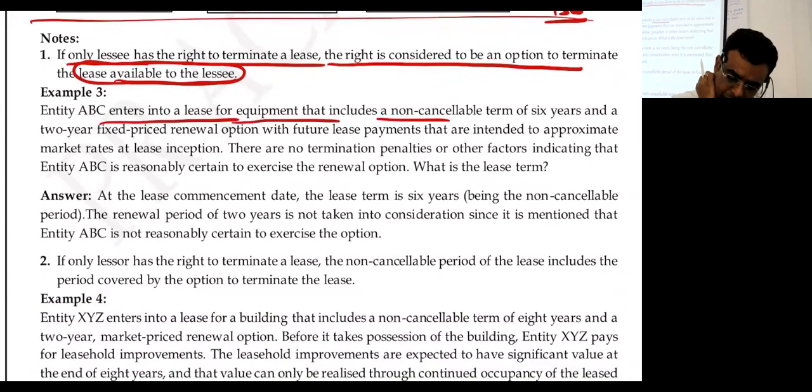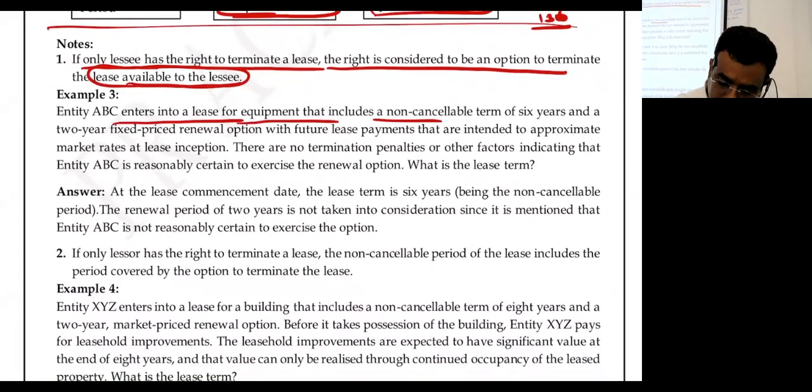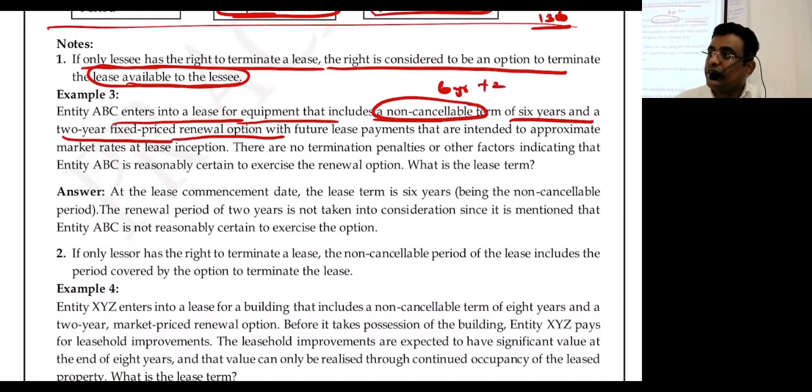எவ்வளவு நாள் தான்? 6 years தான். Non-cancelable எவ்வளவு நாள்? 6 years. And 2 years as fixed price renewal option. ஆட் பண்ணுமா? Further lease payments that are intended to approximate market rates at lease inception. There is no problem.